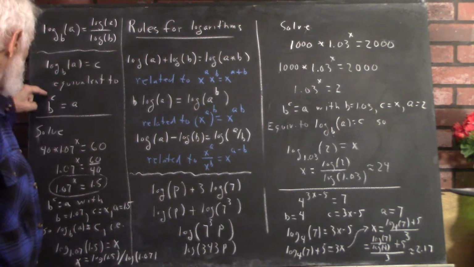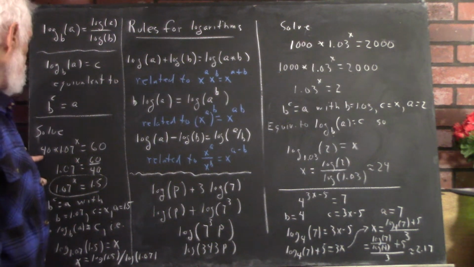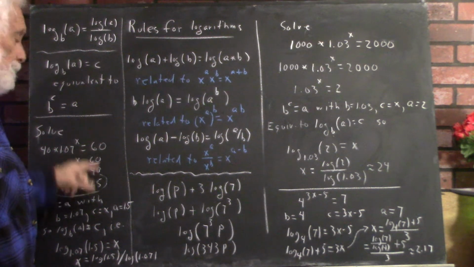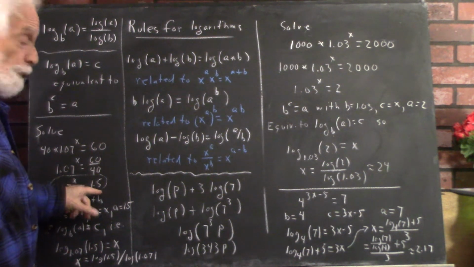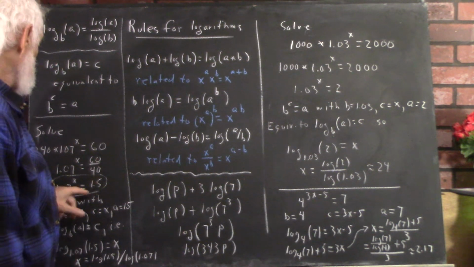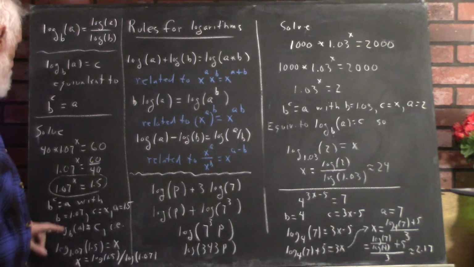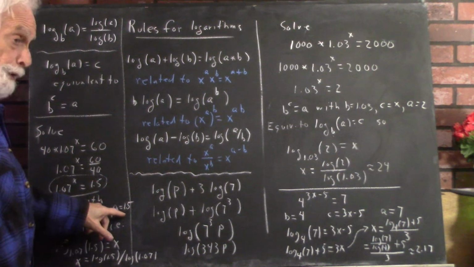That's easily done. We divide both sides by 40, and we get 1.07 to the x equals 60 over 40. So 1.07 to the x is 1.5. Now that's in the form b to the c equals a, with b equal to 1.07, c equal to x, a equal to 1.5.